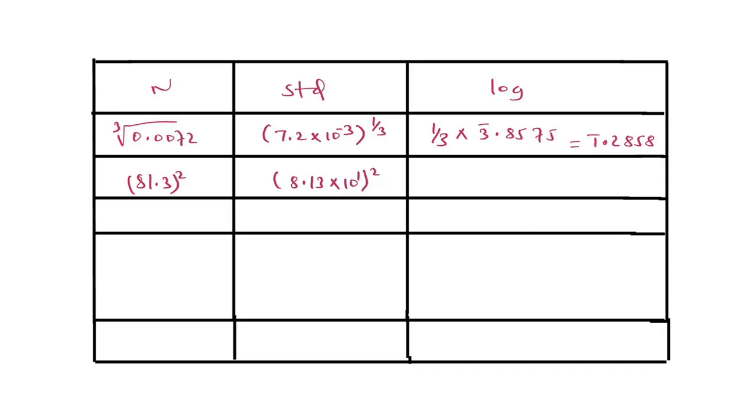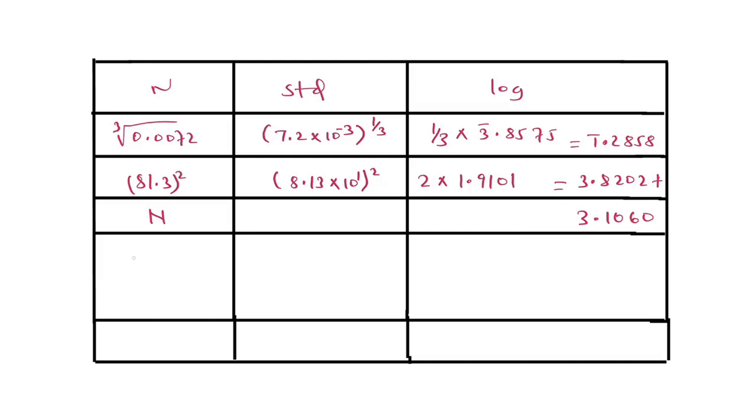So the logarithm for this one is going to be 2 times 1.9101, of which, solving this, we are going to have 3.8202. Okay, so now to find the value of the numerator, we are going to add these two values by applying the addition rule of logarithm. So adding these values, we are going to have 3.1060, and this is going to be the value of our numerator.